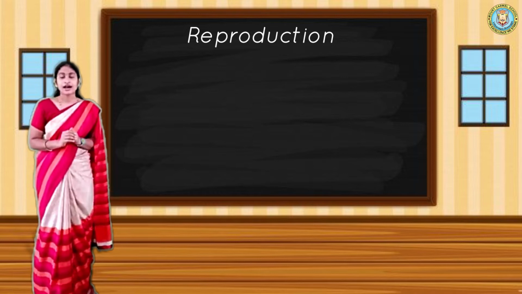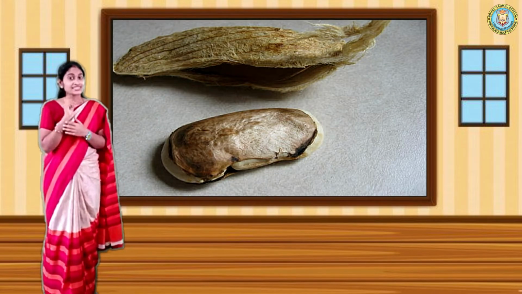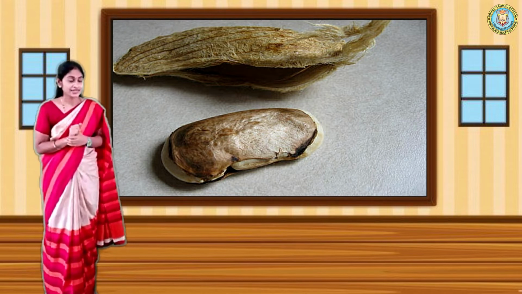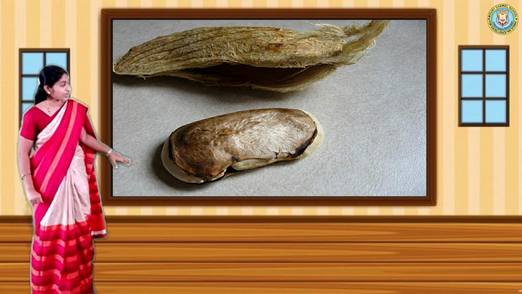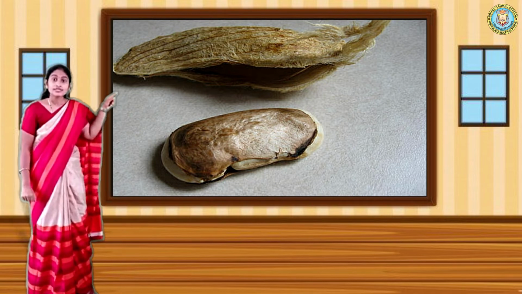Okay? If I have a big mango tree like this. Yes, see here how many mangoes are there? Too many mangoes are there, isn't it? Yes, all of you have eaten mangoes. And inside the mango, what is present? Seed is there, isn't it? This is a mango seed.